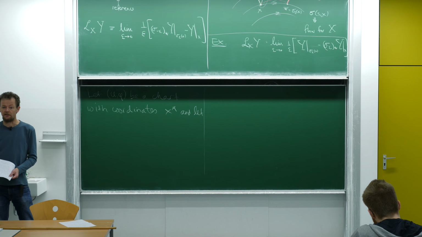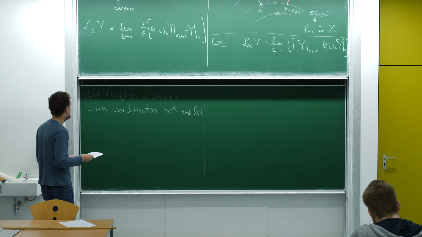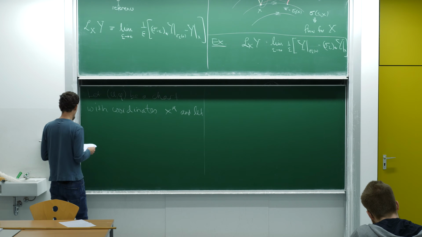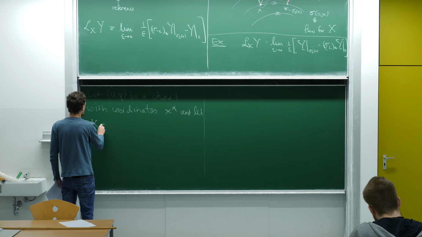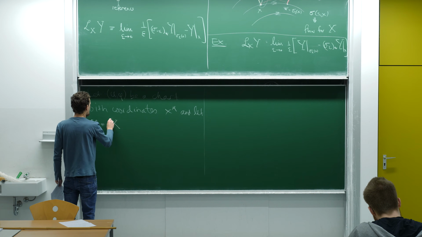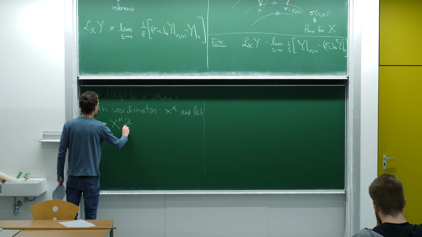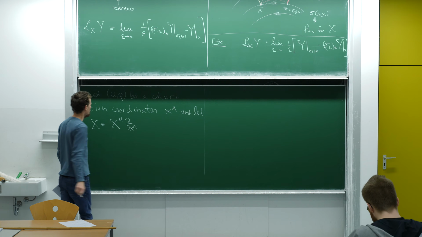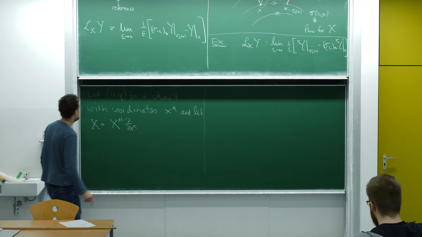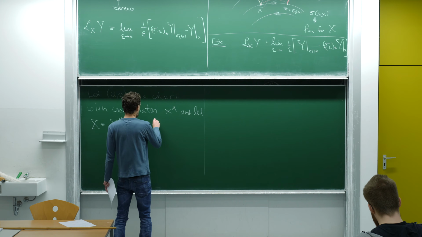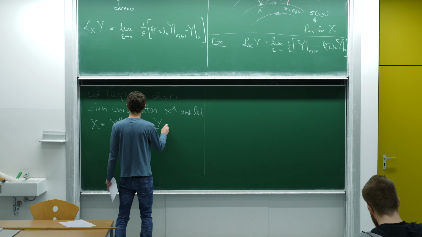Just going to write out everything now in terms of coordinates. We need a chart for that. We're going to name the coordinates x mu, and now we're going to have to write down our vector fields in terms of these coordinates. So in terms of the coordinate basis, our vector field X is written as X^mu d/dx^mu, and Y similarly.